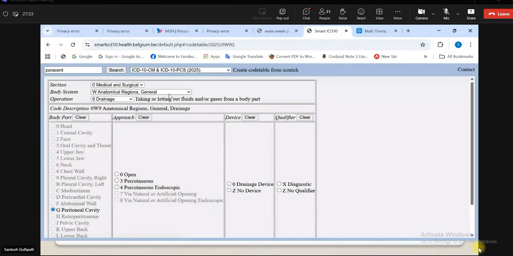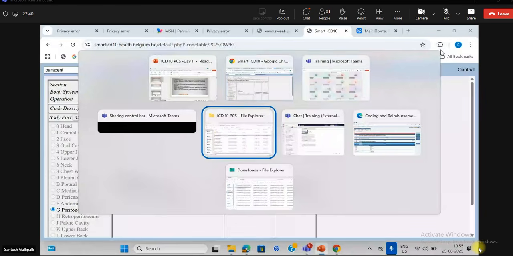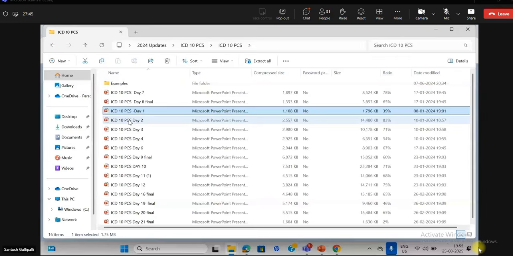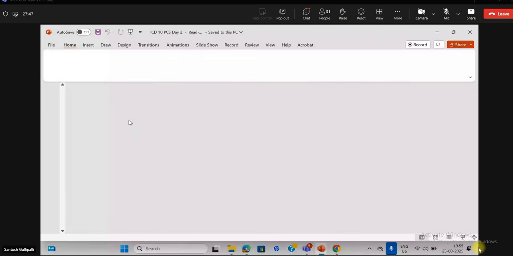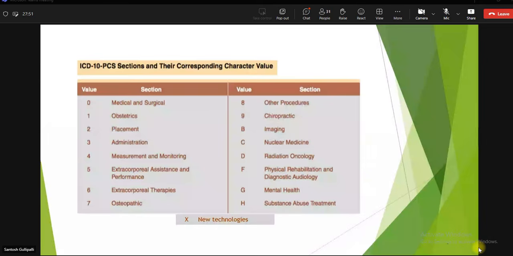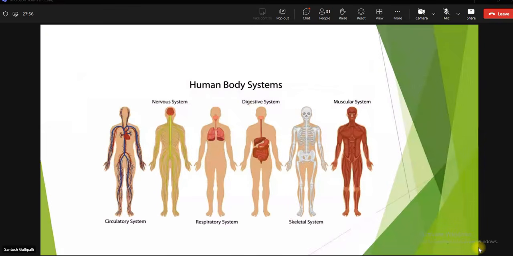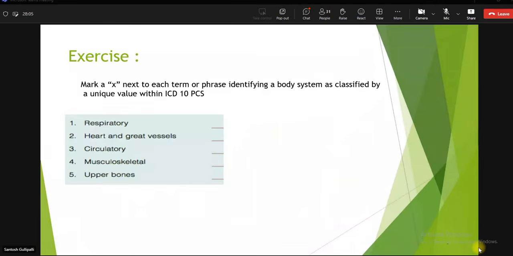So next one. Body systems are like the circulatory system, nervous system, respiratory system, digestive system, skeletal system, muscle system. Mark X next to each term or phrase that identifies a body system as classified by a unique value in ICD-10 PCS.